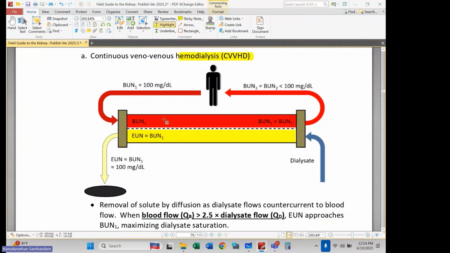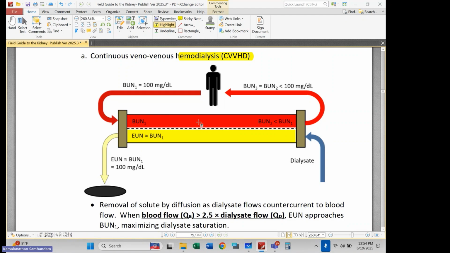So in essence, the BUN on this side of the membrane functionally never drops because blood flow is so fast in comparison to dialysate flow rates. Therefore, the main rate-limiting factor for urea clearance is how fast dialysate is moving across this membrane.